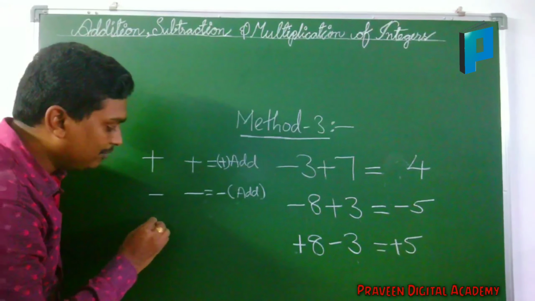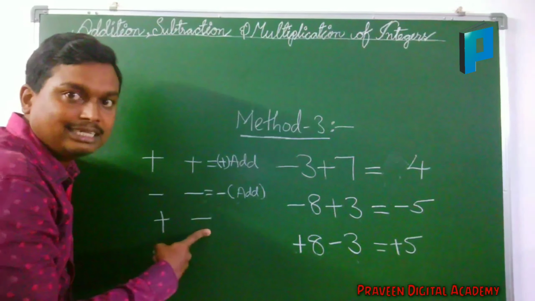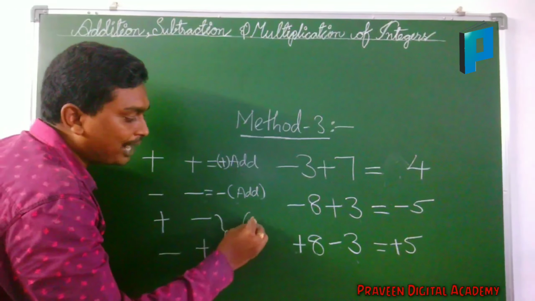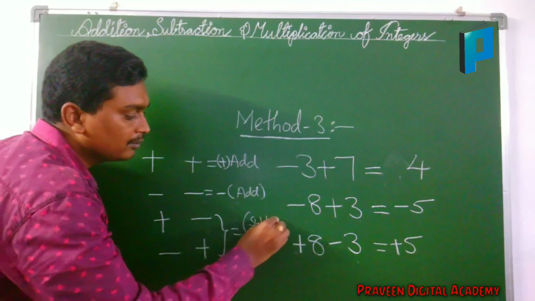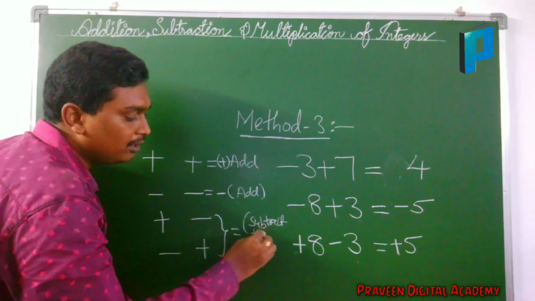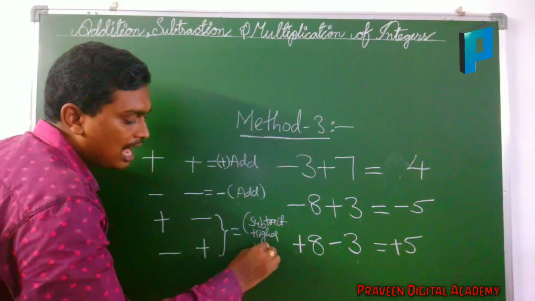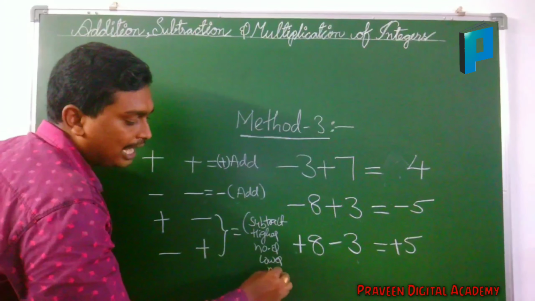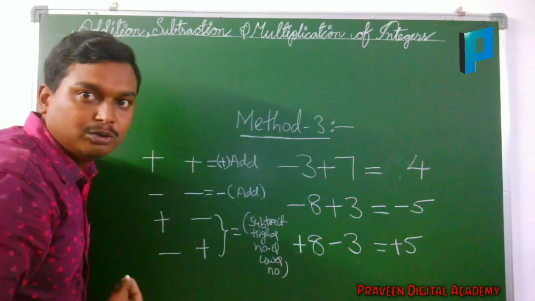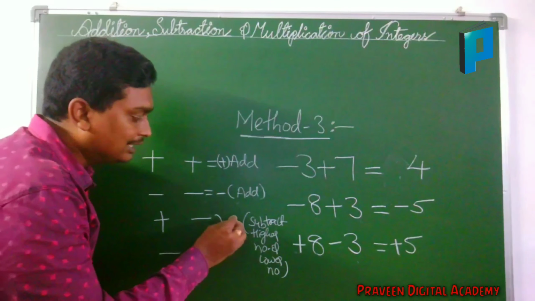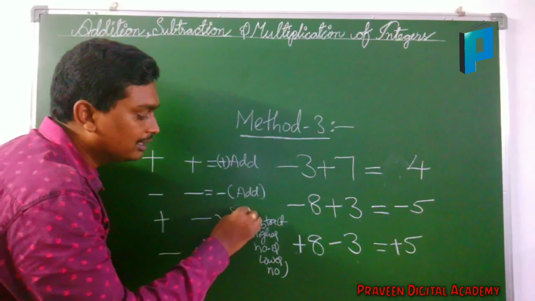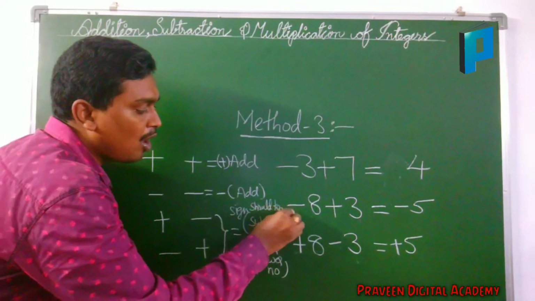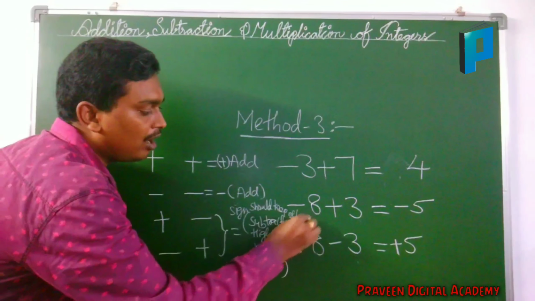Come to the third method, where we have plus and minus. If you have that, what to do? Subtract the higher number and the lower number. And which sign should we keep? Keep the sign of the higher number.